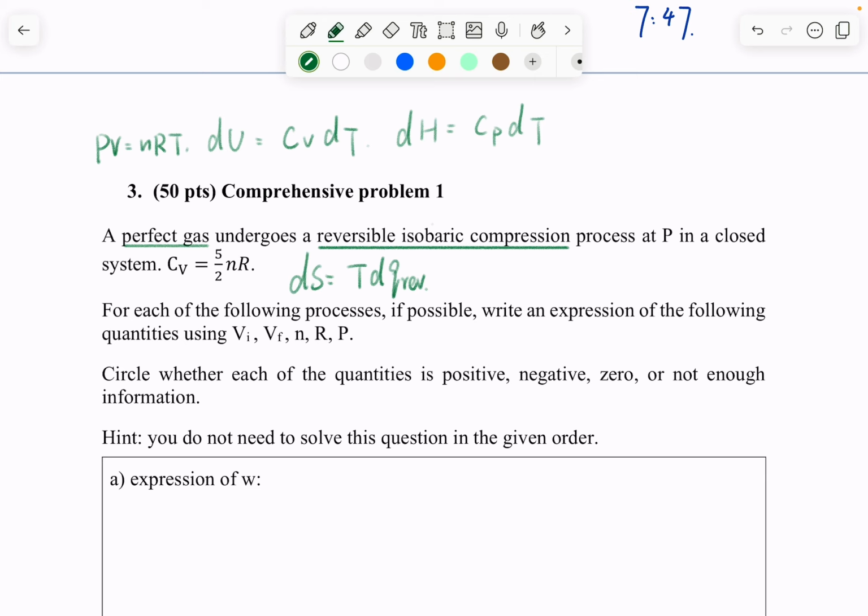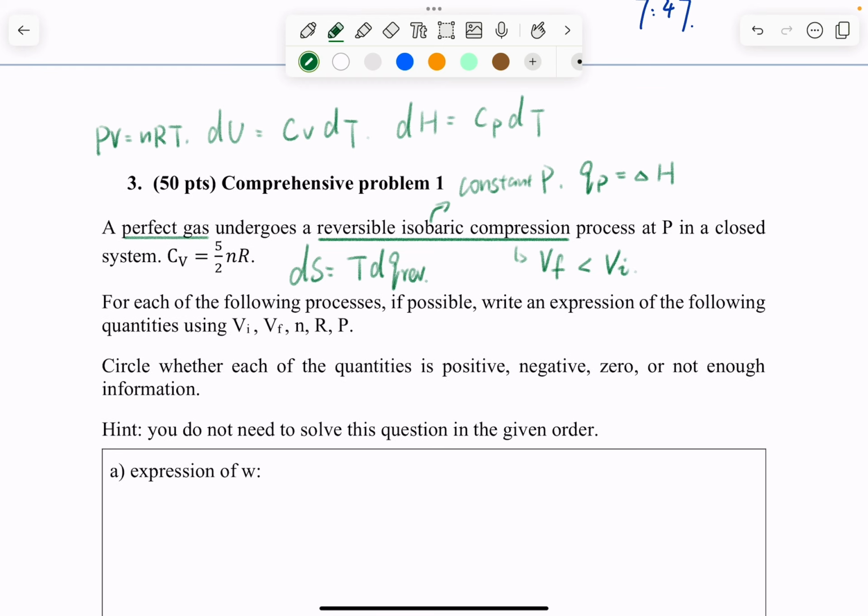Isobaric says it's constant pressure, so we have Qp equals delta H. Compression tells me my final V is smaller than my initial V. So there are several things we know by just reading this problem.